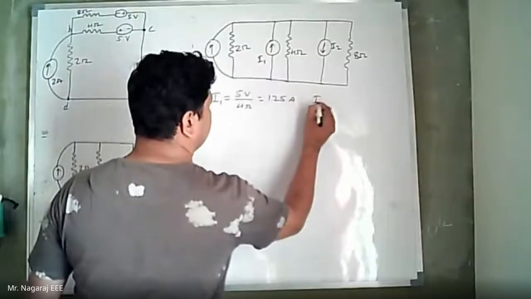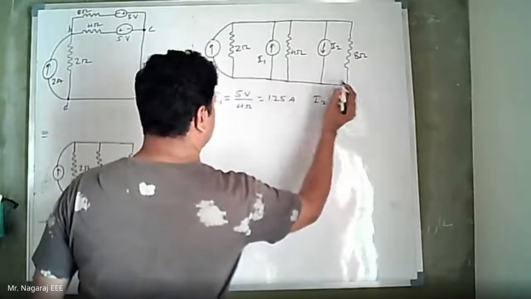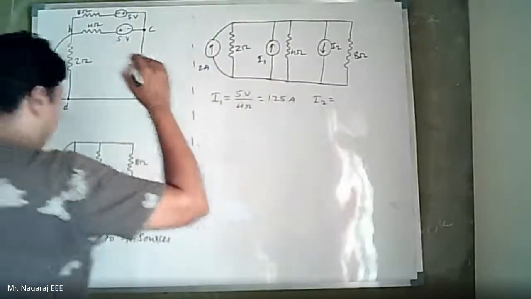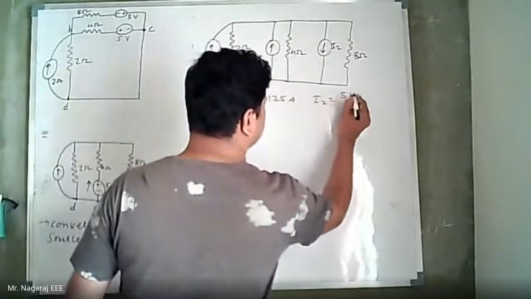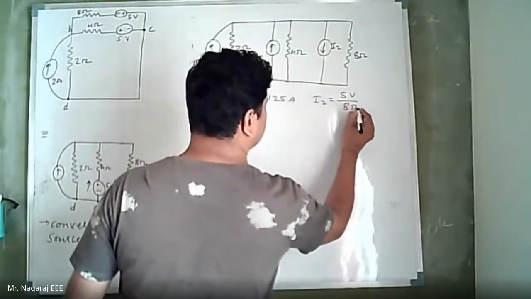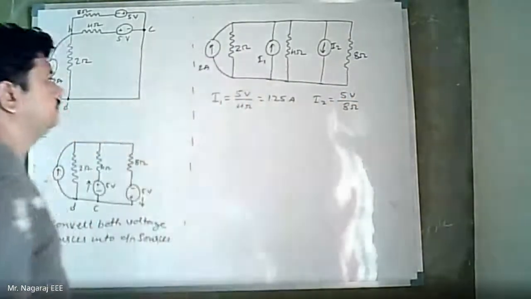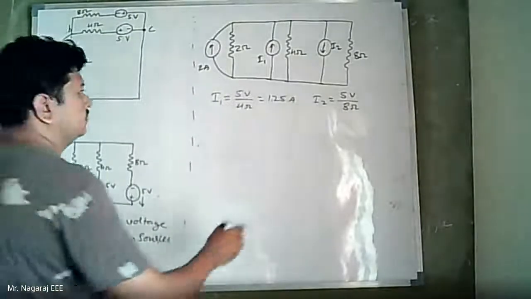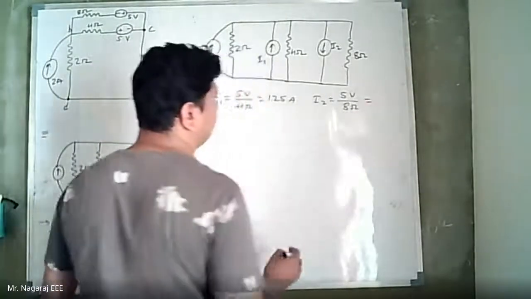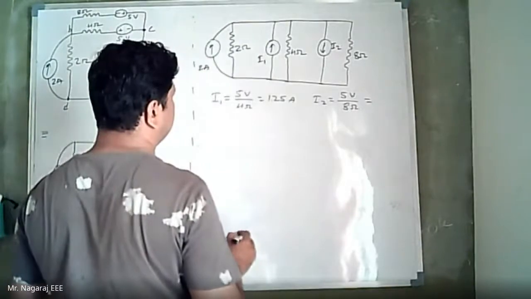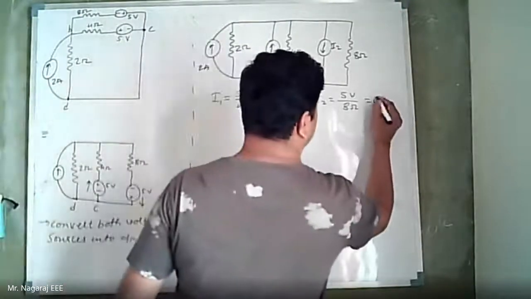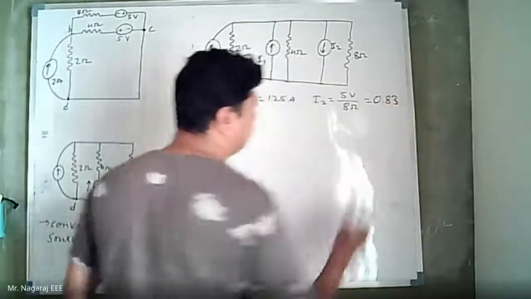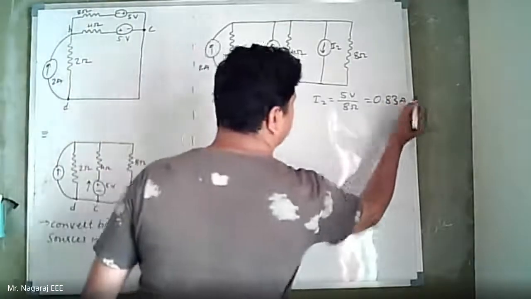Next, I2 is 5 volt divided by 8 ohms. It is 0.83, I think, amperes.